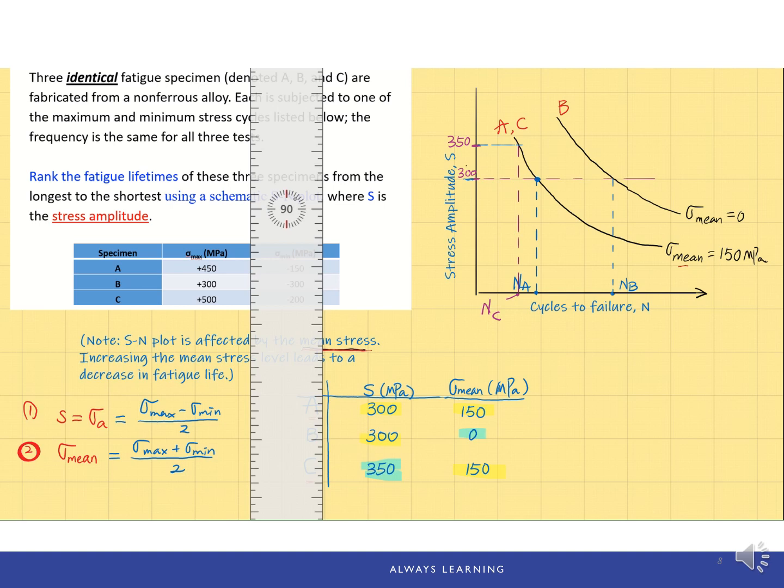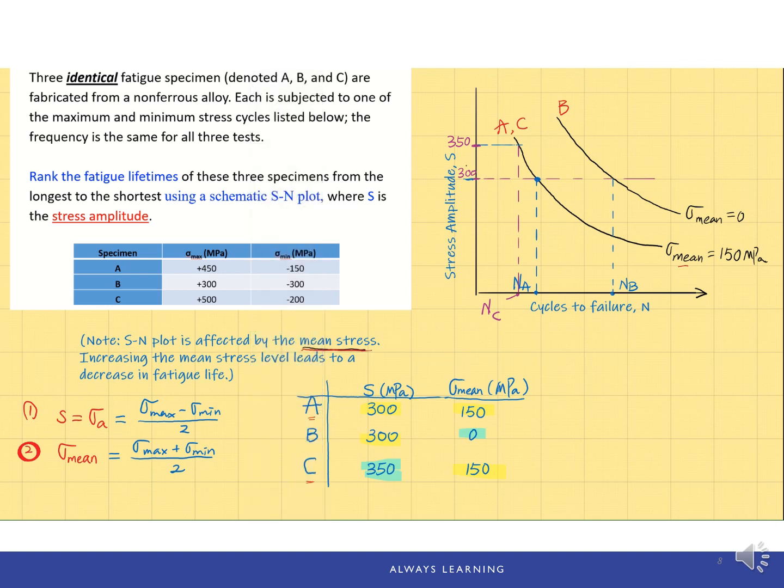Now we can rank the fatigue lifetimes for the three specimens. From the longest to shortest, we have NB is greater than NA is greater than NC.